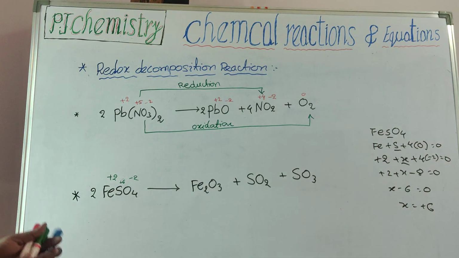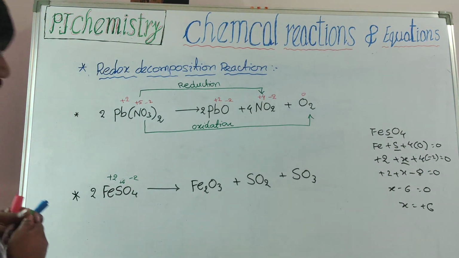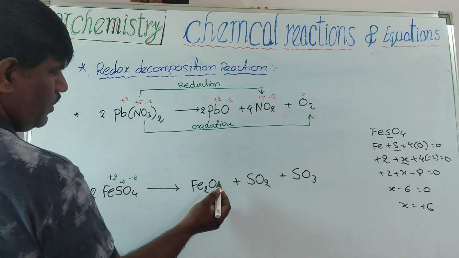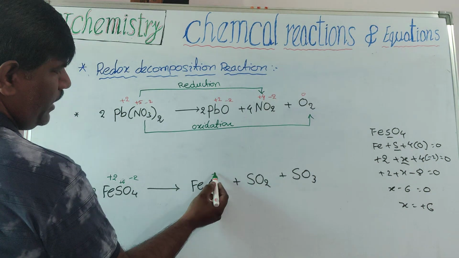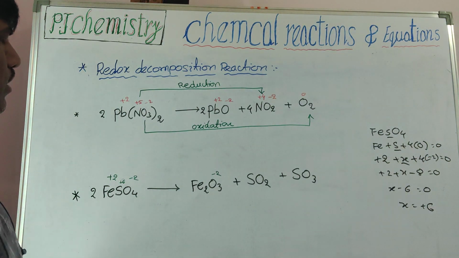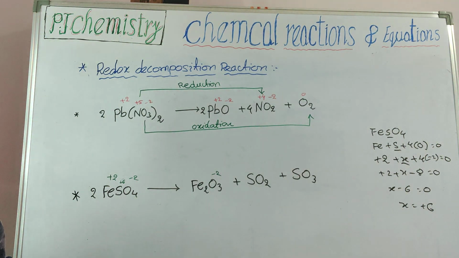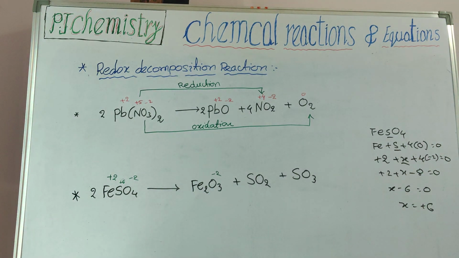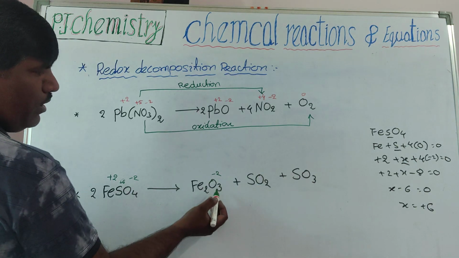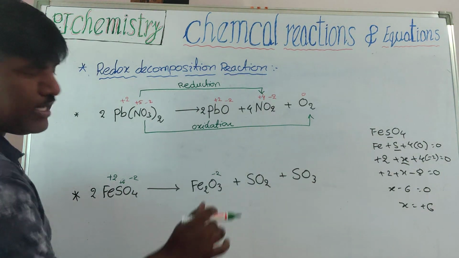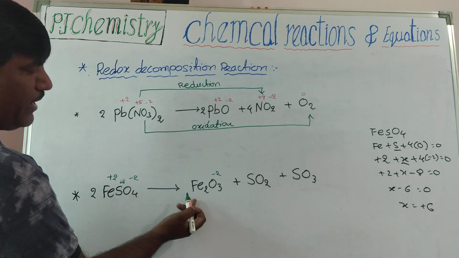Now check the product side. Oxygen is -2. One oxygen gains 2 electrons. 3 oxygens gain a total of 6 electrons from iron.